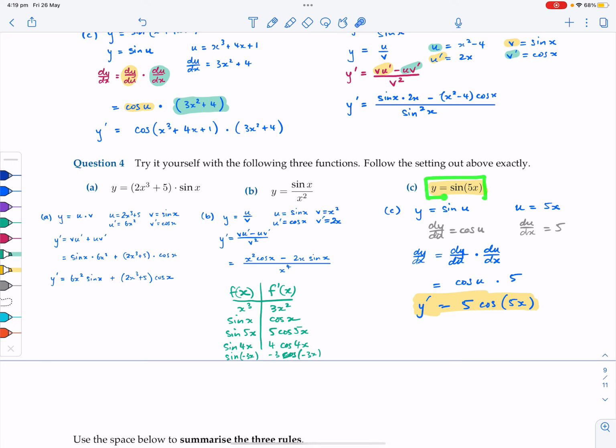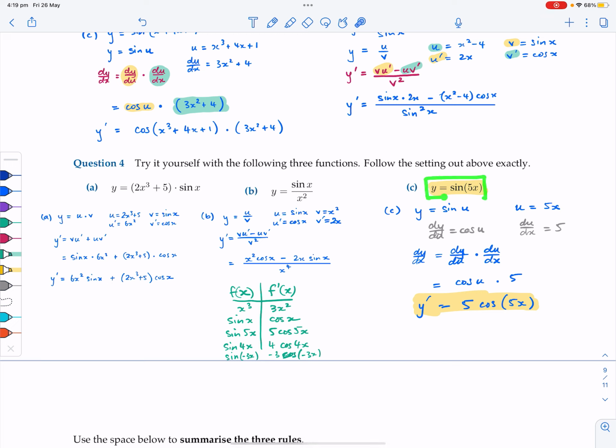All right, use the space to summarise the three rules. So we've written them already. If y equals u times v, then y dash equals vu dash plus uv dash. And if y is u over v, then y dash is vu dash minus uv dash over v squared, right?